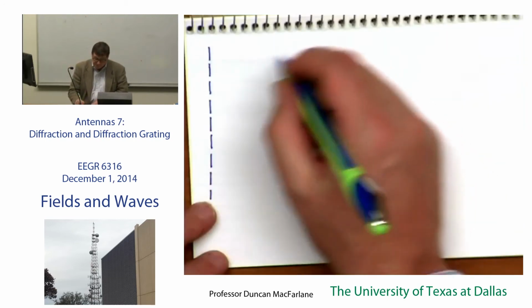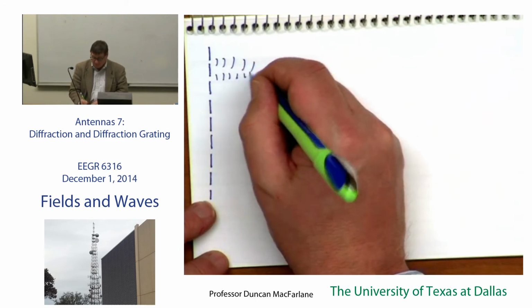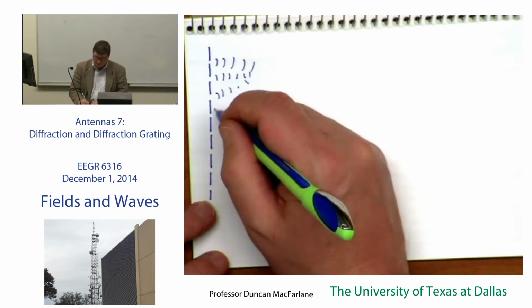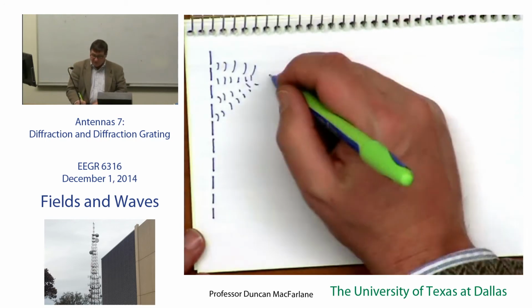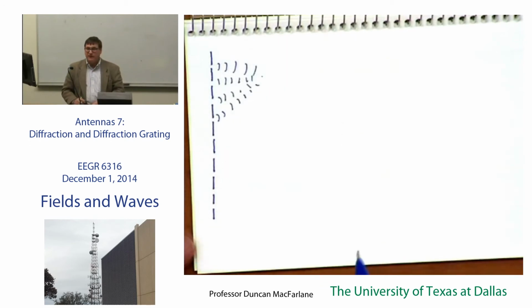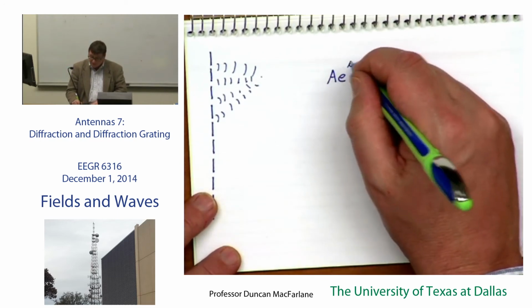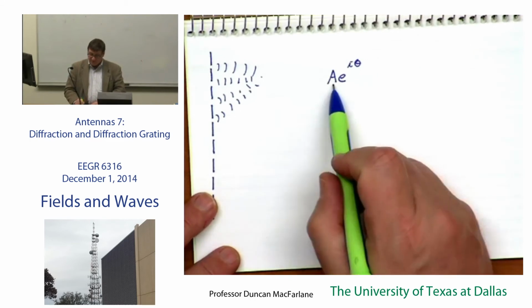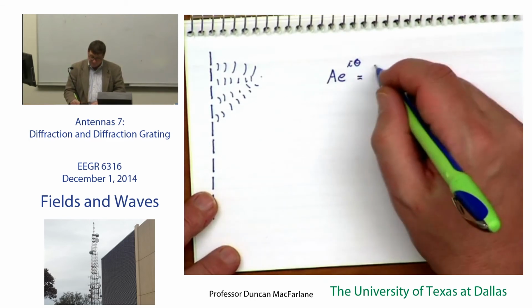And so now, off to an observation point, I have the interference from many of these slits. These slits still have a finite width. So my resultant field has some amplitude with some phase function here.